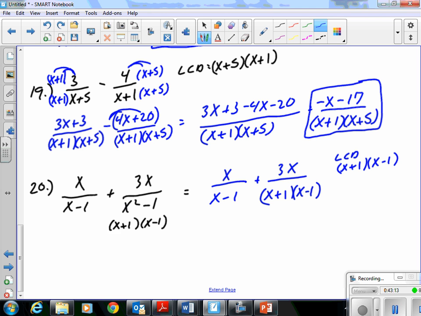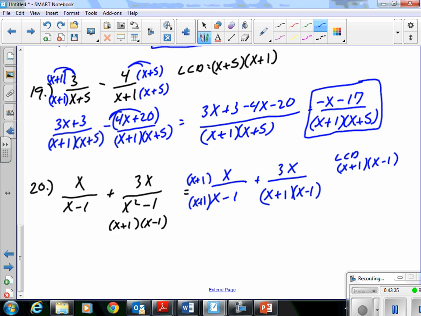So for 3x over (x plus 1)(x minus 1), we don't have to do anything to get the denominator. But the left one, x over x minus 1, we're going to have to multiply the top and bottom by x plus 1. So multiply by x plus 1 on the top.